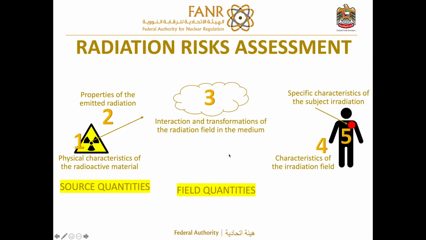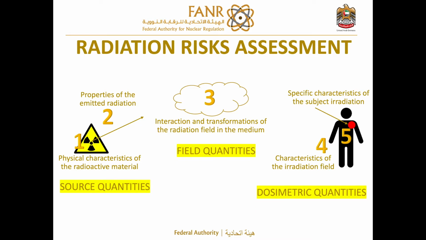We will use other quantities, which are called field quantities, in order to describe the interaction of the beam, of the field of radiation, with the medium. And we will use other quantities, which are called dosimetric quantities, in order to describe and express the result of the interaction of radiation with the target, with the subject, and as a consequence to the tissue and more generally to the organism.